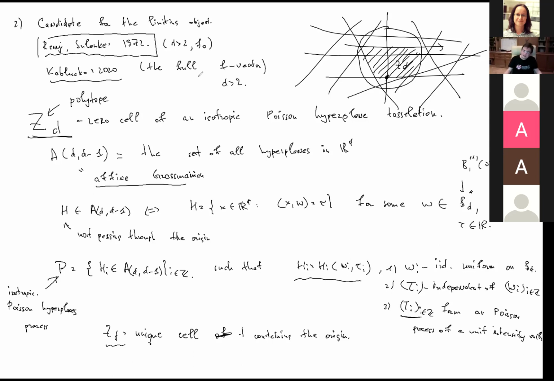Sasha, do I understand correctly that tau_i are the moments of jumps of a Poisson process? Yes. So the distance from the origin to the first line has exponential distribution. The distance from the origin to the second line has Erlang distribution. Yes, right. But what do you mean by first line? The closest one. Yes, the closest line.